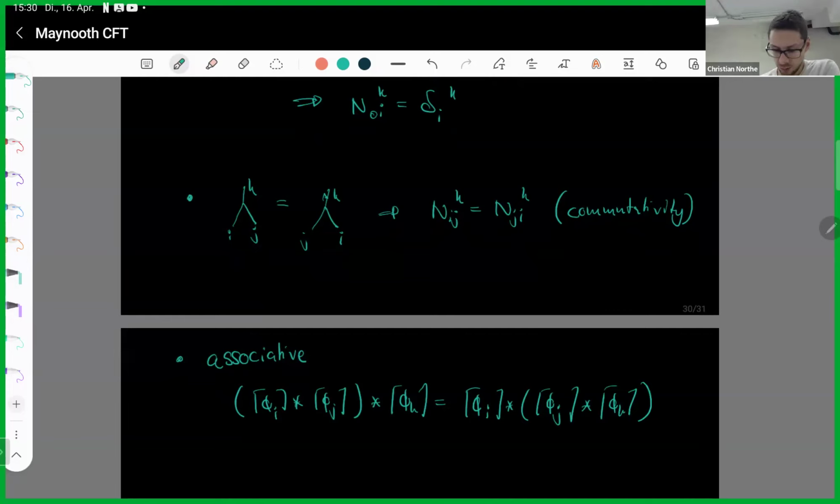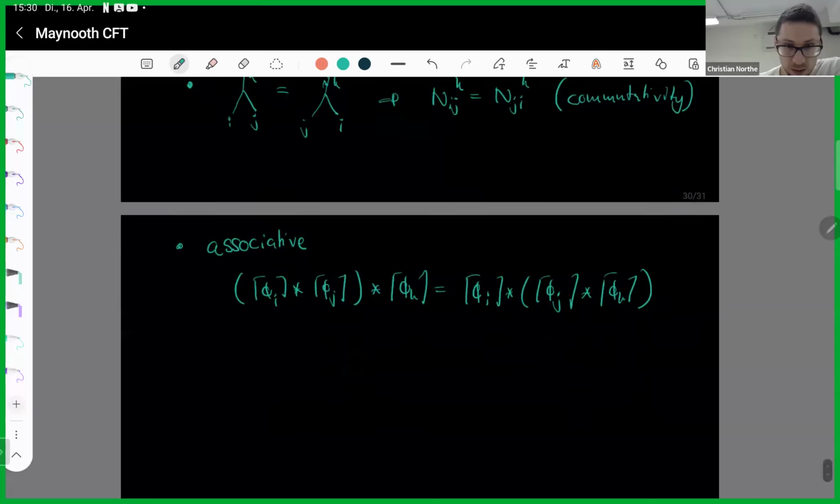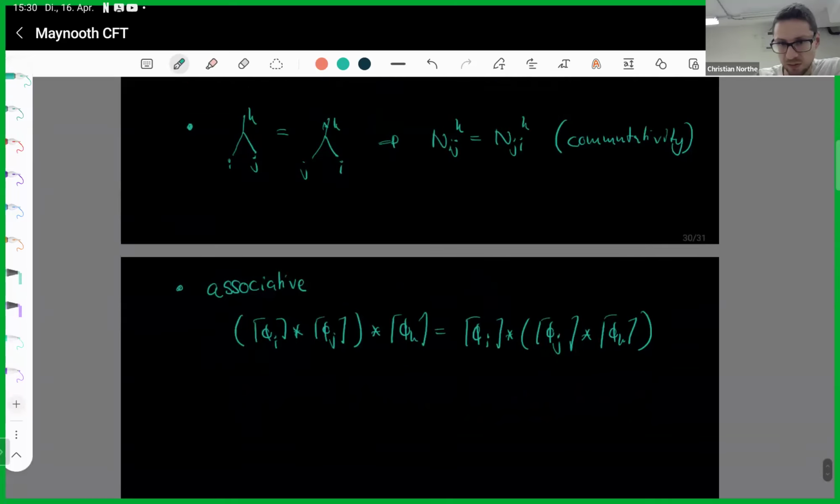If you want, you can try to work out in these fancy diagrams what that means. Left for you. I didn't draw these diagrams in the notes, but I think they're so simple, they're self-explanatory.